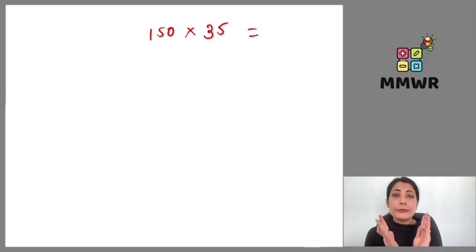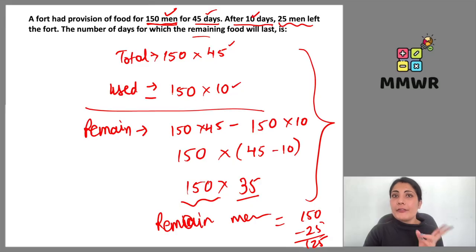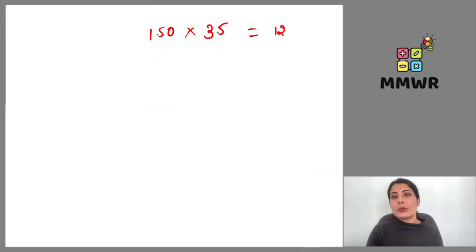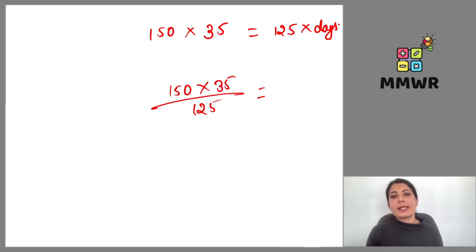This is the remaining food with them for 150 people for 35 days. But now the number of men have reduced by 25. So 125 people are there, and for how many days they can consume the food, that we have to find out. So 150 multiplied by 35 divided by 125 is equal to the number of days.